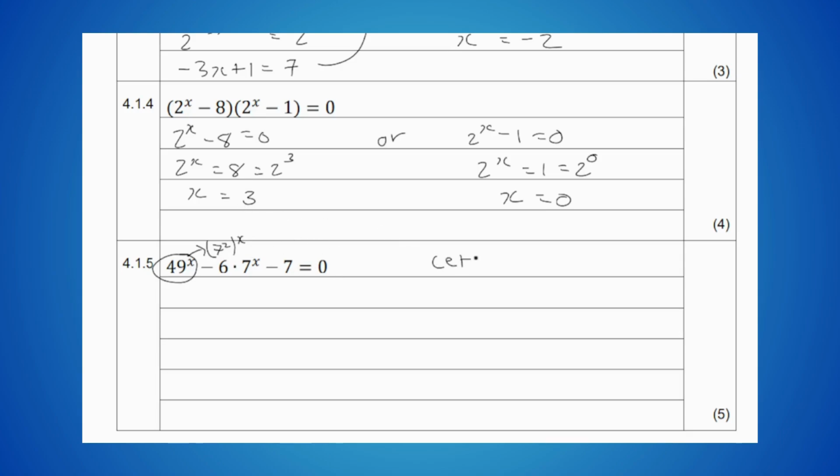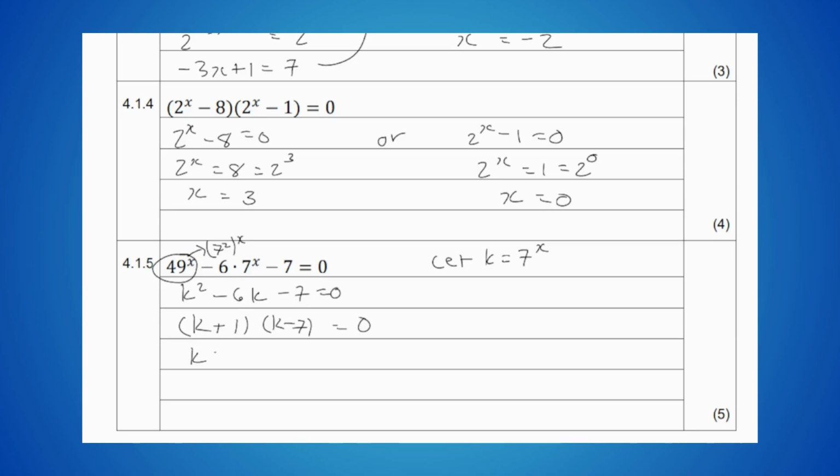So we let k be equal to 7 to the power x. Then we have k squared minus 6k minus 7. We factorize: minus 7 plus 1. Just a reminder, it doesn't have to be a k. It can be any variable except what is already used in the question, so anything except x.